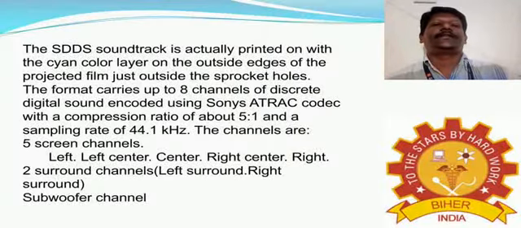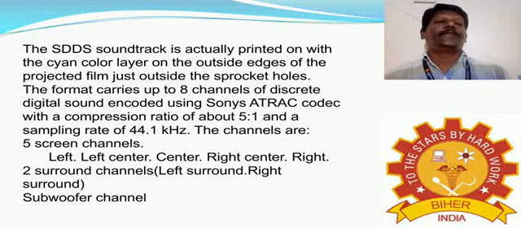The SDDS soundtrack is actually printed with the cyan color layer on the outside edges of the projector film, just outside the sprocket holes. The format carries up to 8 channels of discrete digital sound encoded using Sony's ATRAC codec with a compression ratio of about 5:1 and a sampling rate of 44.1 kHz.